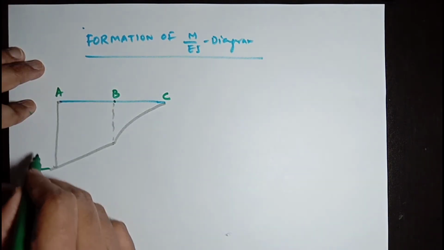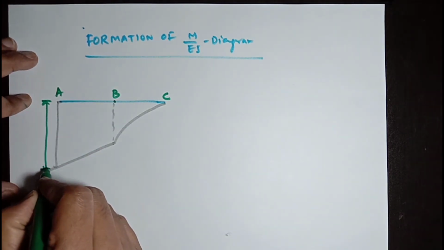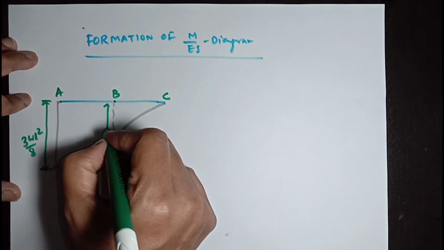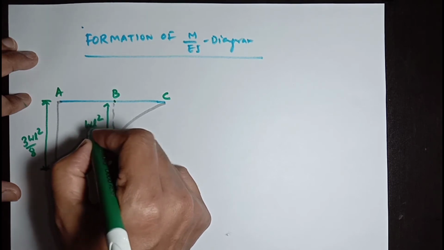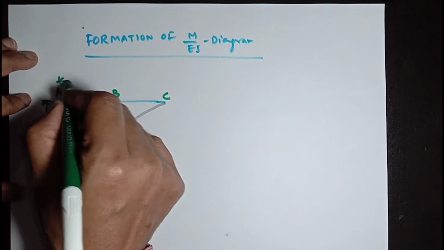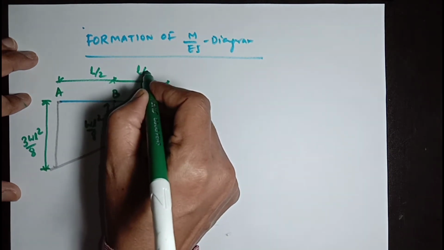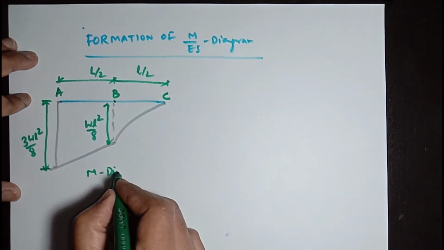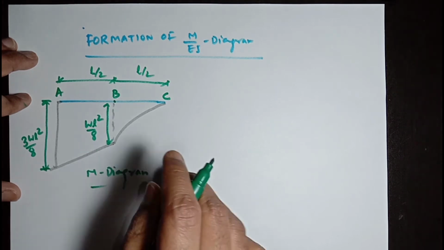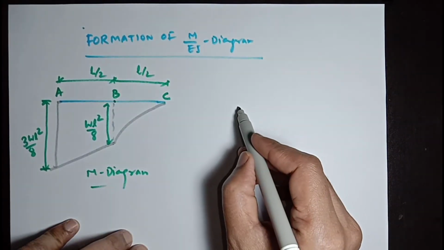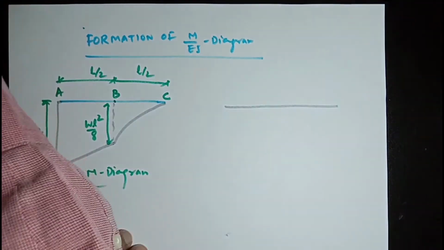The value here is 3WL square by 8, and this value is WL square by 8. This length is L by 2, and this length is L by 2. This is the M diagram as I have explained. And now I'm going to draw the M over EI diagram.